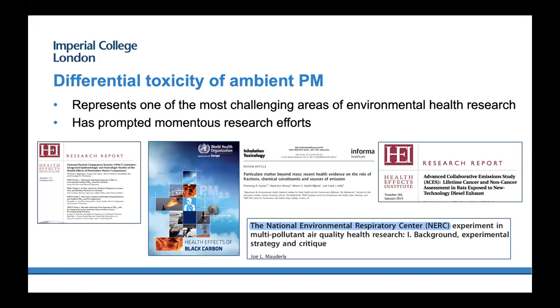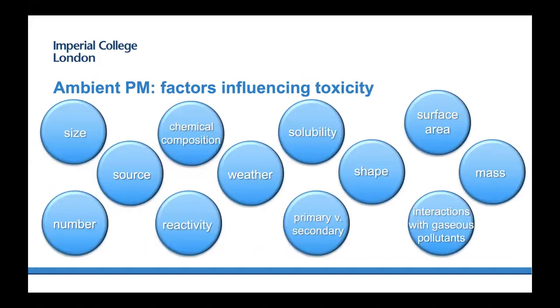There therefore has been enormous drive to identify which components could be responsible for the physical and chemical characteristics which are most harmful to health, and to facilitate the reappraisal of air quality guidelines and standards that prioritize and target PM control strategies, I guess, to more effectively protect public health.